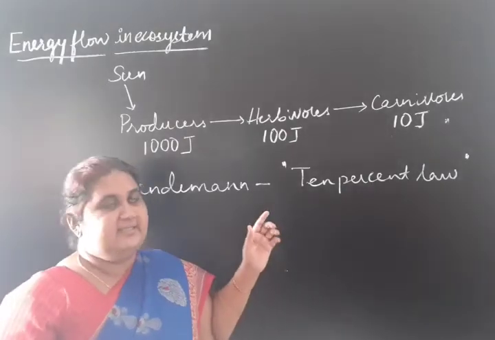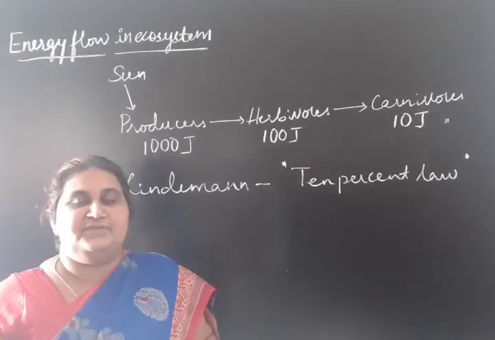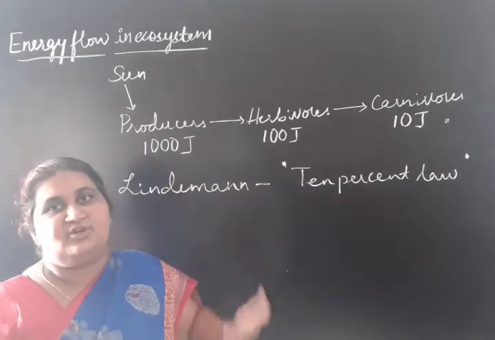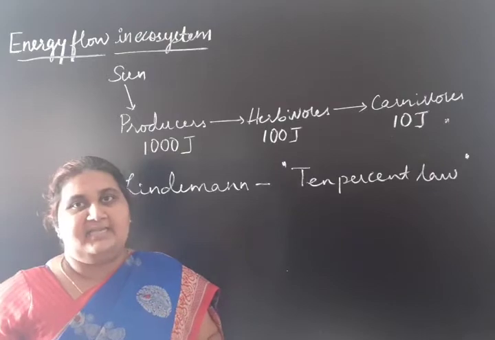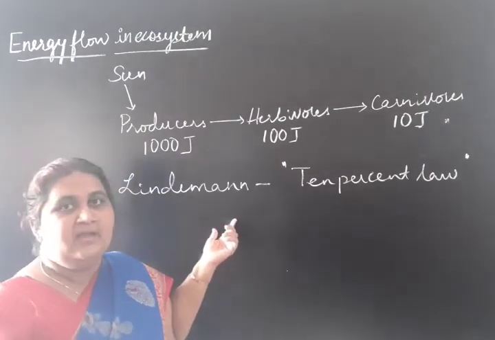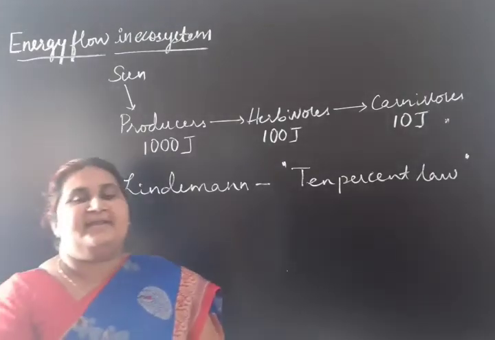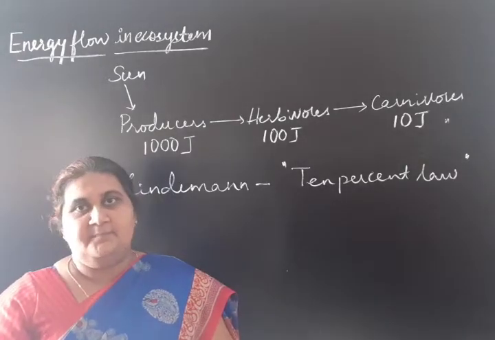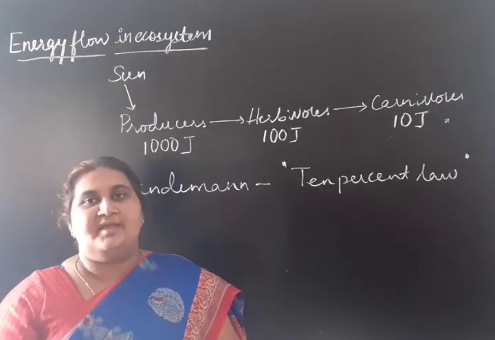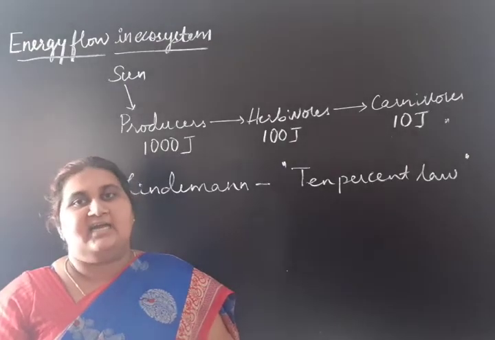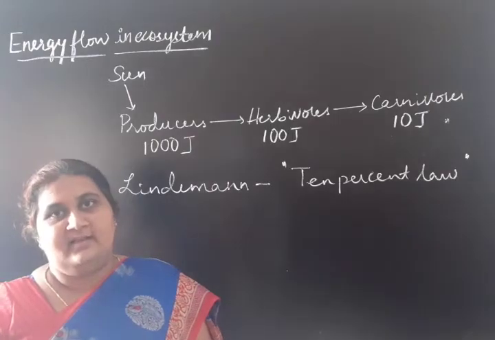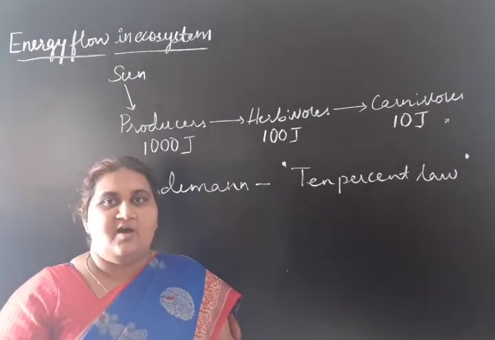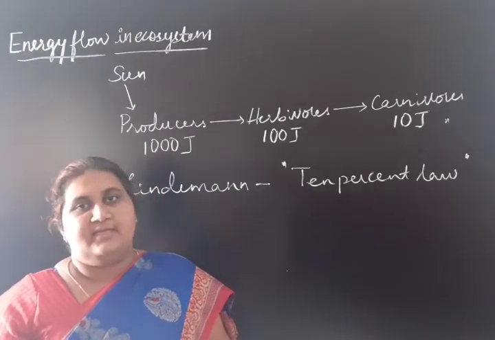Lindemann studied the energy flow in an ecosystem and noticed that only 10% of energy will be stored at the higher trophic level. The 10% law is defined as: during the transfer of food and its energy, only 10% of energy is stored at a higher trophic level and the remaining 90% of energy is lost in the form of heat.